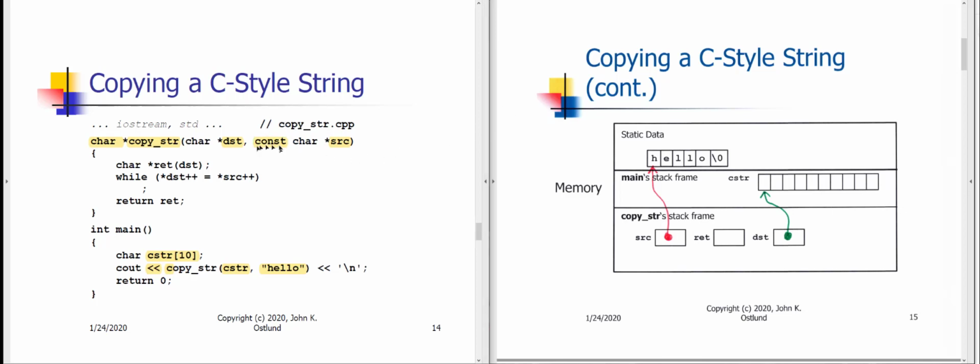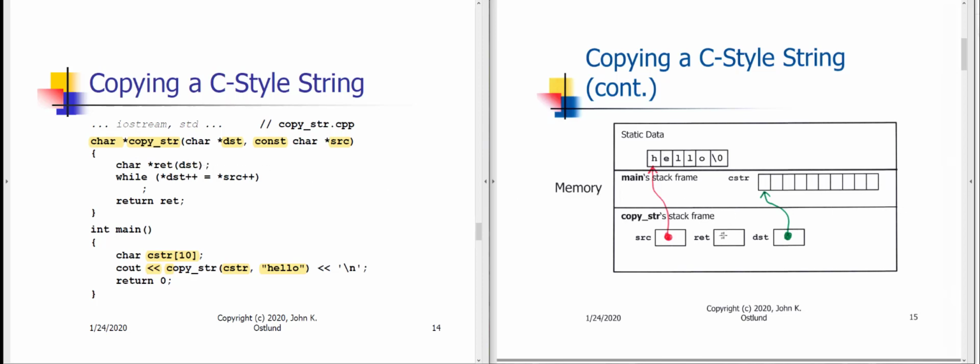All right, now we start executing the statements within the body of copystir. The ret variable is a pointer to char, and it's initialized with a copy of the destination. Destination is a pointer to char, so we're initializing ret with a copy of a value of the same kind.